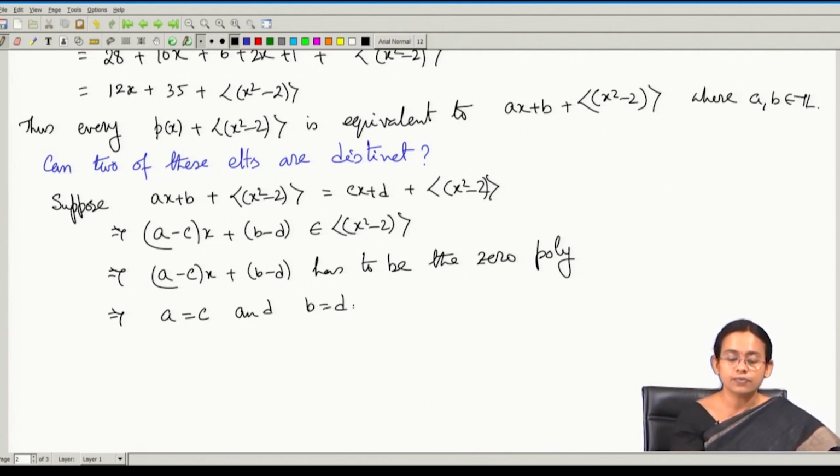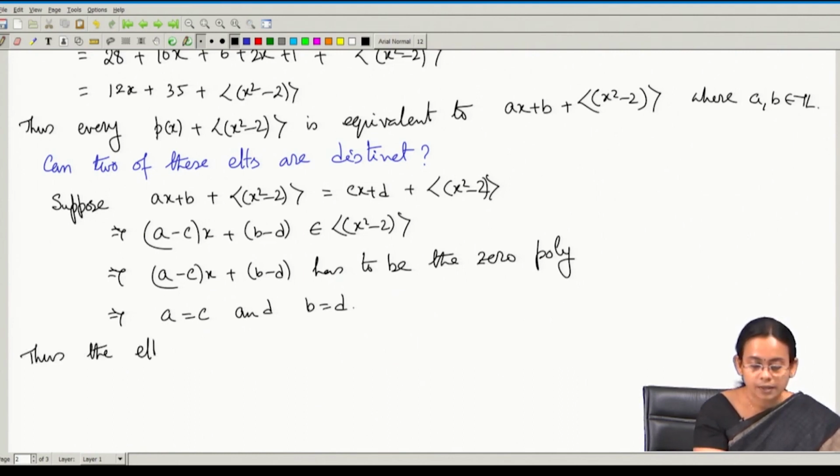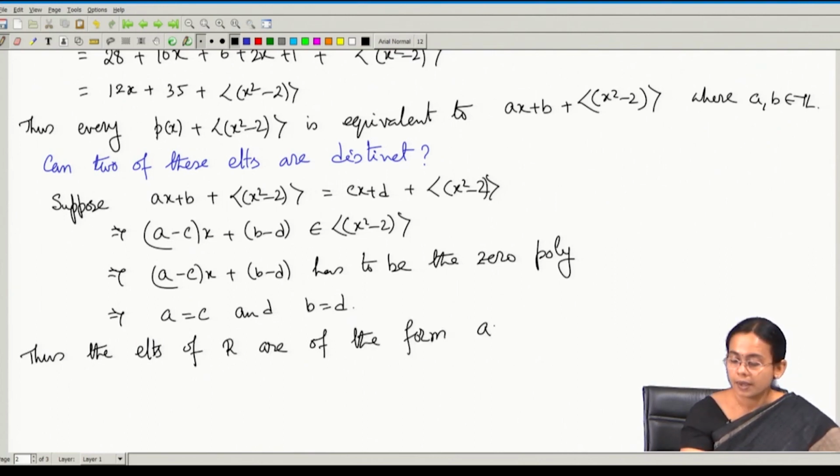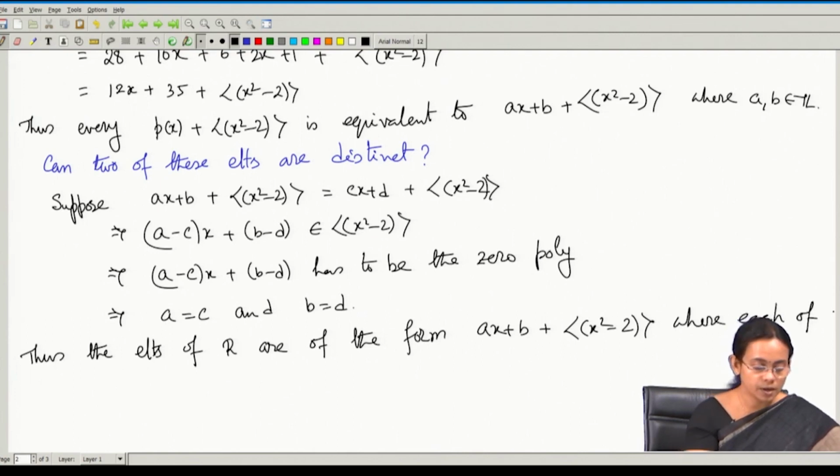So, if these two cosets are the same, they are actually the same elements. That means all the elements of the form a x plus b are distinct. Thus, the elements of this quotient ring are of the form a x plus b plus the ideal, where each of them is distinct.